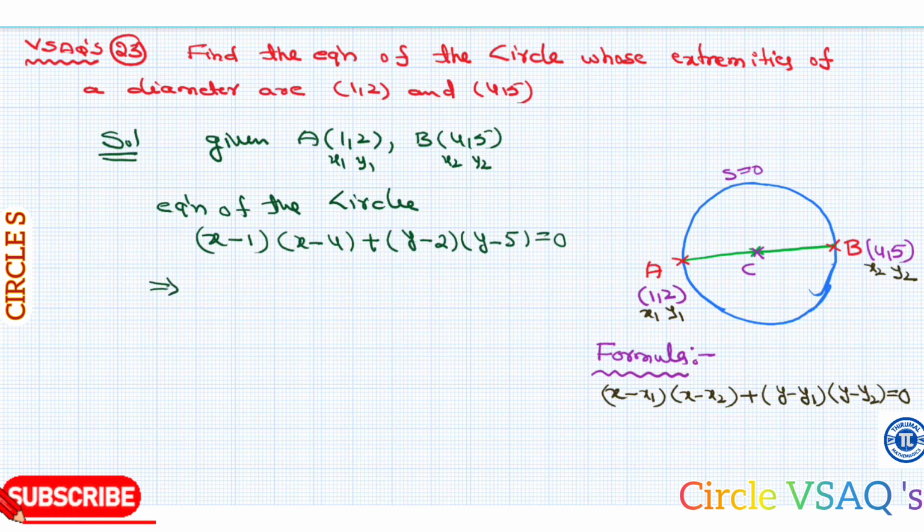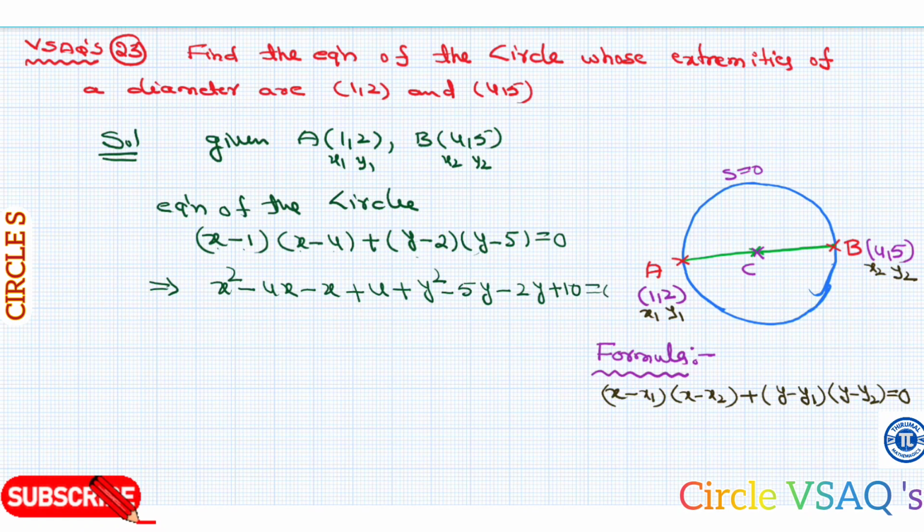Multiply both linear factors, then we get x into x is x square, x into minus 4 is minus 4x, minus 1 into x is minus x, minus into minus plus 1 into 4 is plus 4. Same here also: y into y is y square, y into minus 5 is minus 5y and minus 2y, minus into minus plus 2 fives are 10, equal to 0.